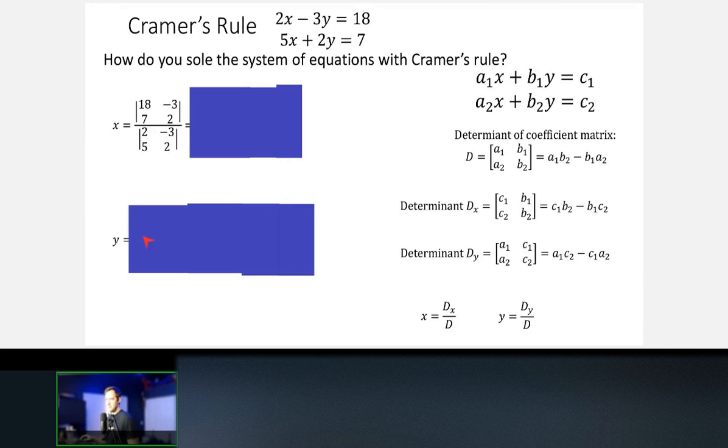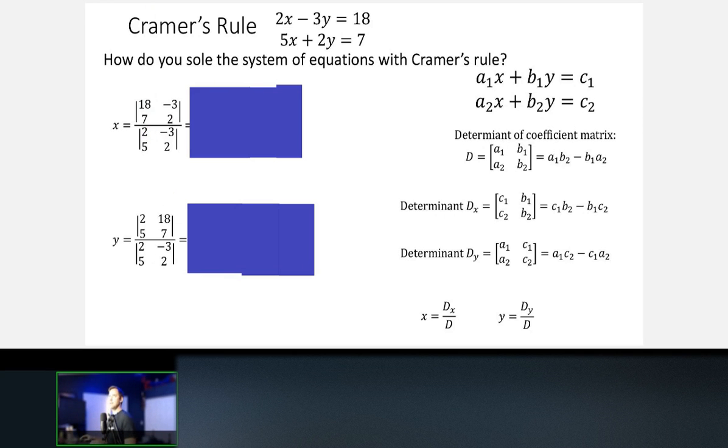So, same thing for the y. We're going to have d sub y in the numerator, and then again, your determinant d is going to be in the bottom, so no surprises, right? So there's the first blanks for x and y. And then your next blank, they want you to actually show the math. They want you to show 18 times 2 is 36 minus negative 3 times 7 is negative 21.